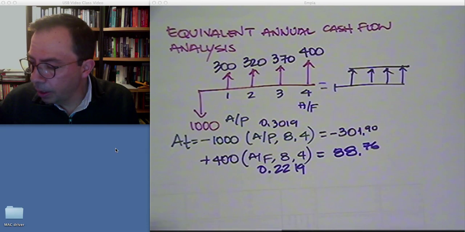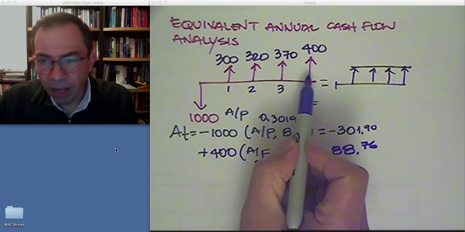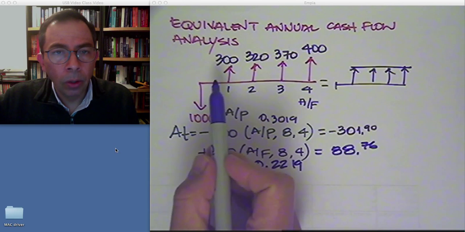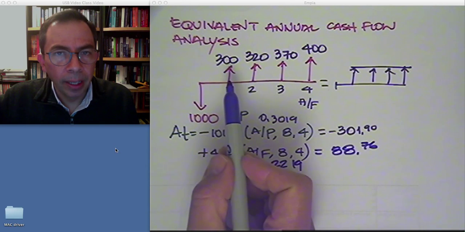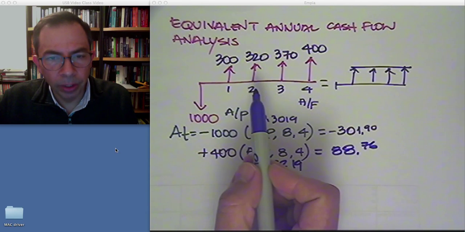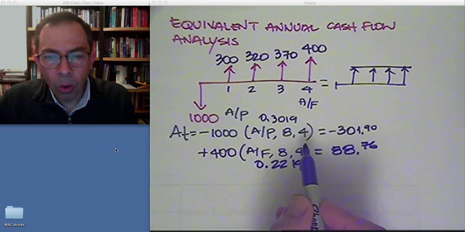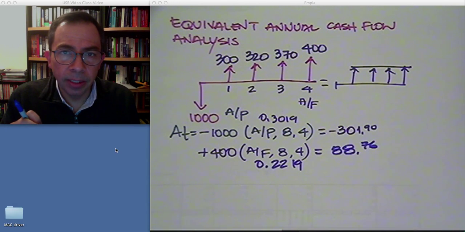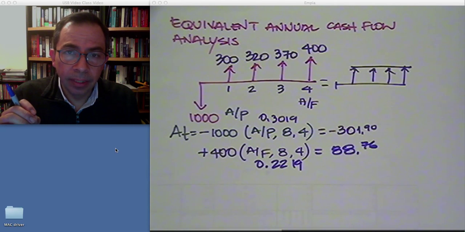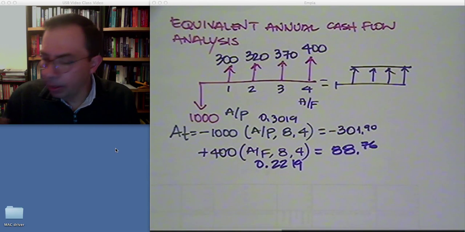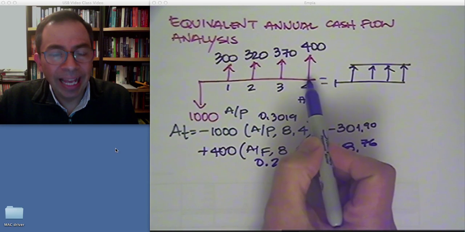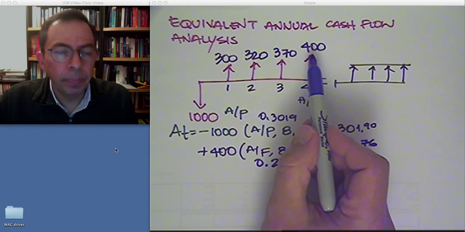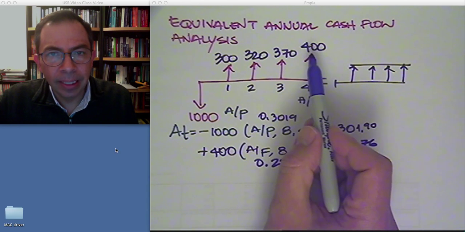The meaning is that instead of having those 400 pesos, I can have one payment of 88.76 here, another one there, another one, and another one. 4 different payments, each one for 88.76, with the last payment, the last money that I'm receiving, given here, exactly at the same time as the original period of time that I'm moving this money from.